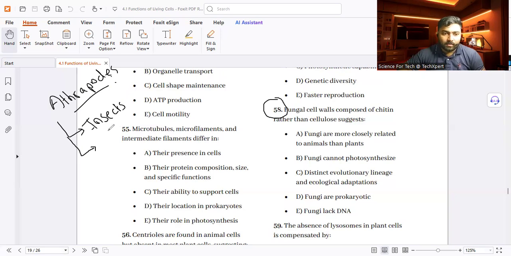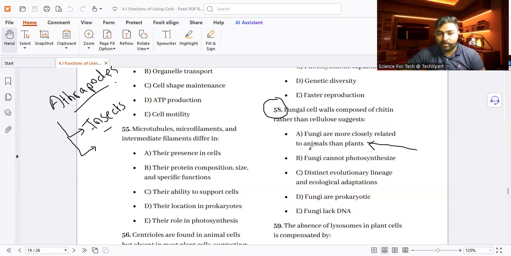Some of the insects have chitin in their exoskeleton. So we can tell fungi are more closely related to animals than plants because we cannot find any chitin in plants. There is no chitin in plants.